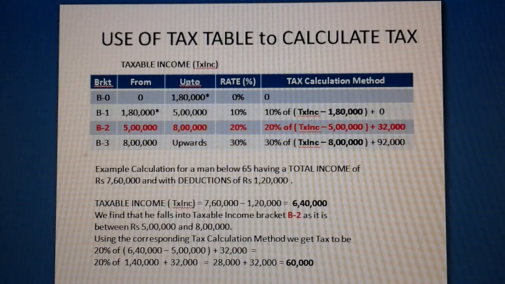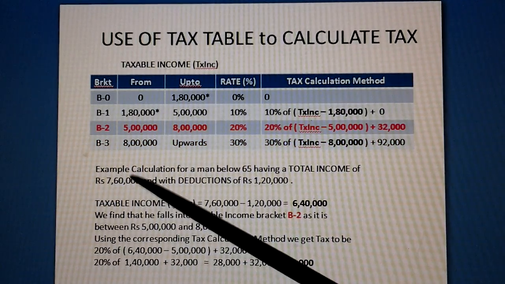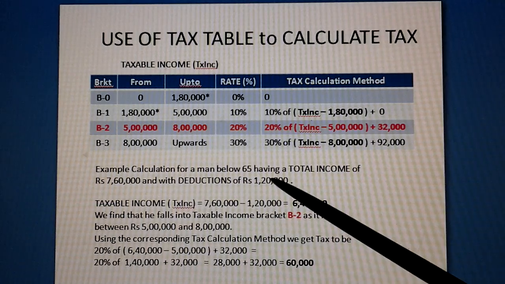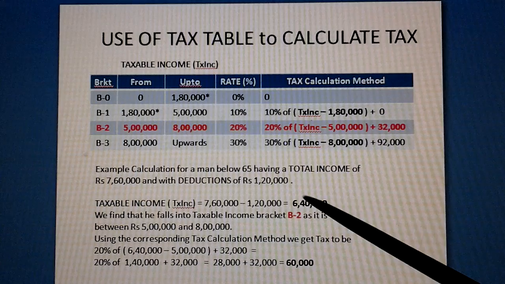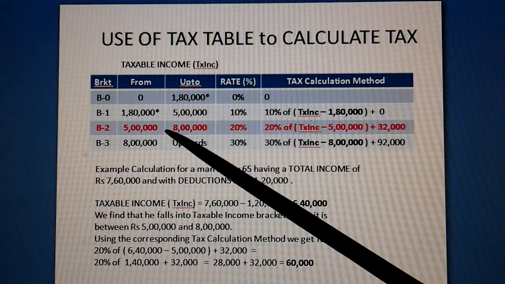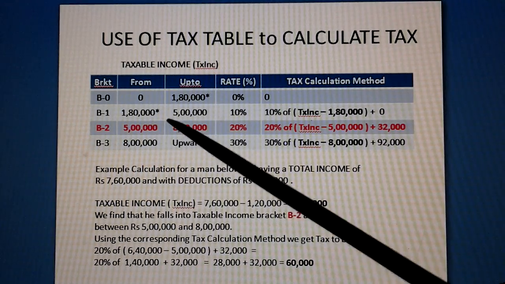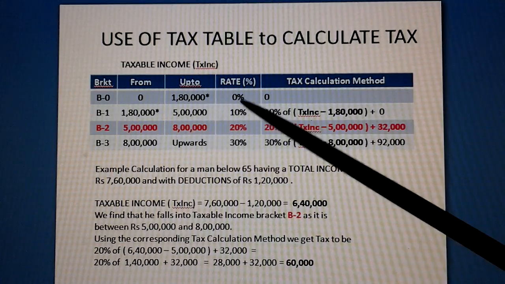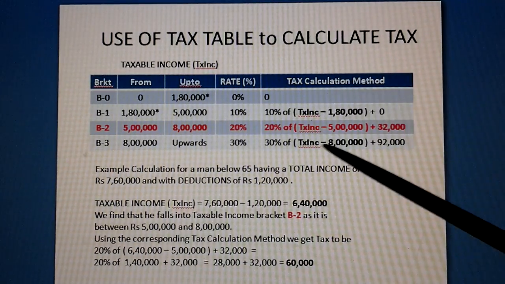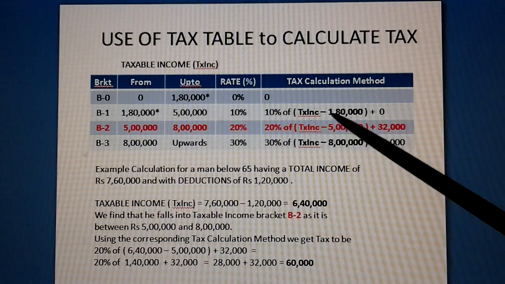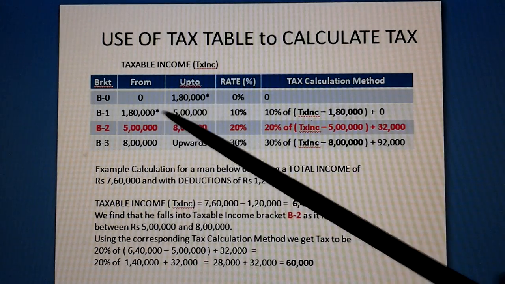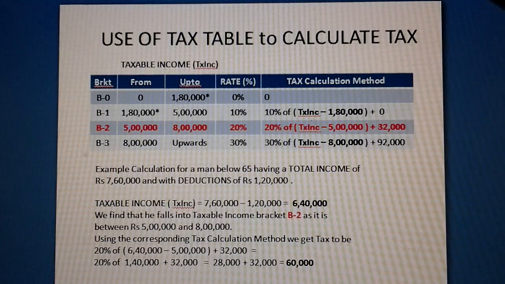Here's an example of somebody who earns 7,60,000 with a deduction of 120 again. So this time his taxable income is 640. So you notice he falls into range B2, between 5 and 8 lakhs. Now here the formula says it's 20% of his taxable income less the bottom of the range, 5 lakhs, plus 32,000.